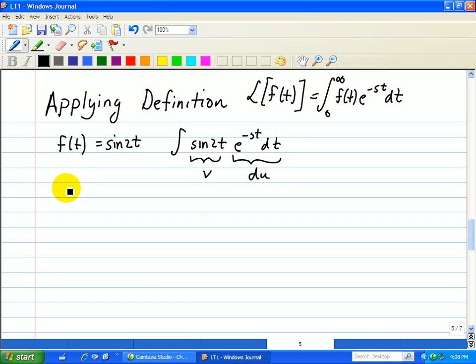So here we have v is equal to sine of 2t, and dv is just equal to 2 cosine of 2t. du is equal to e to the minus st dt, and then we have u equal to negative 1 over s e to the minus st.